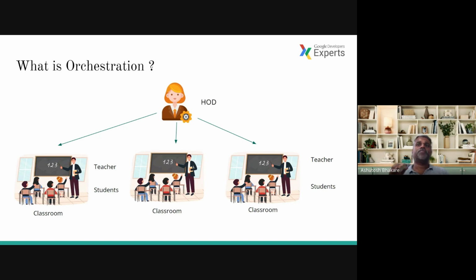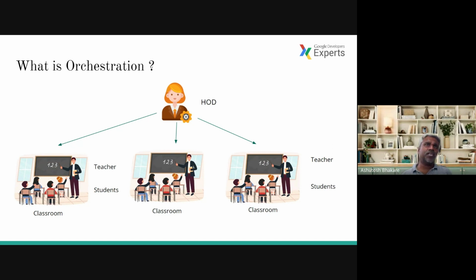So if one of the class teachers is not coming, the HOD will intimate the students to shift to other classes. I'm assuming that there is no extra class teacher. So that's basically the orchestration power the HOD has. The HOD can do central management, load balancing, and high availability also.